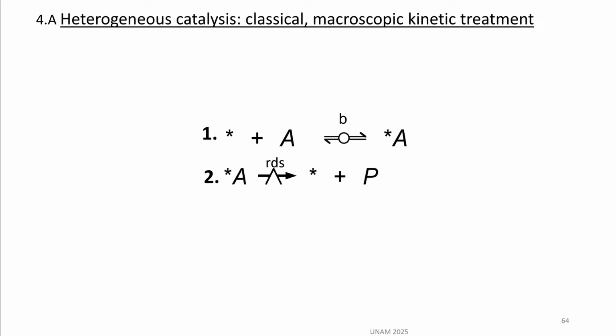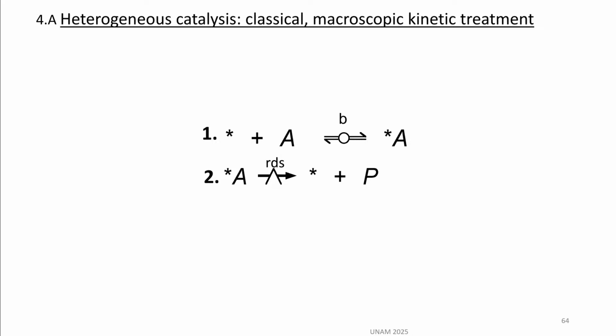For example, we can write a catalytic mechanism like this in 2 steps. That would be the simplest possible heterogeneous catalysis mechanism. A from the liquid phase reacts with the site to give the adsorbed molecule, and in the second step, the adsorbed molecules transform to give P and regenerate the free site.